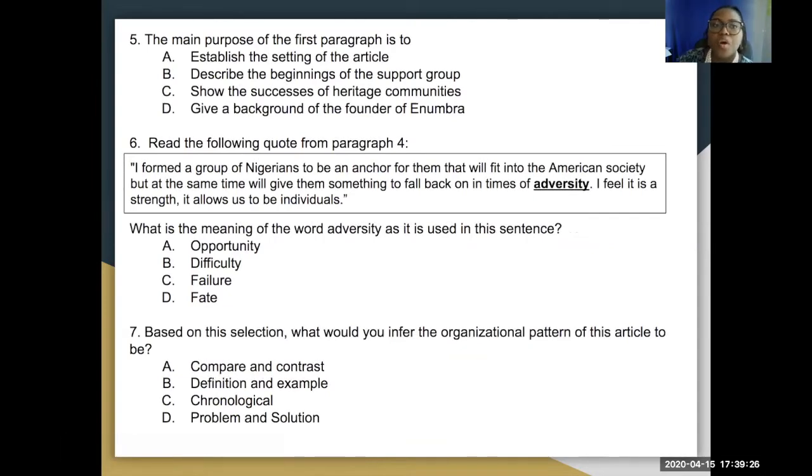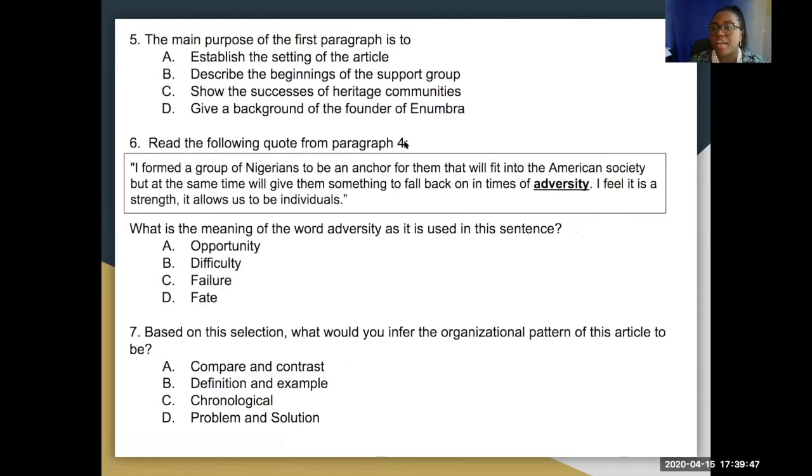Number 5, what's the main purpose of that first paragraph? I probably suggest that you go back to paragraph 1 and reread the entire paragraph to kind of figure out what would be the main purpose of just that paragraph. Number 6, read the following quote from paragraph 4.